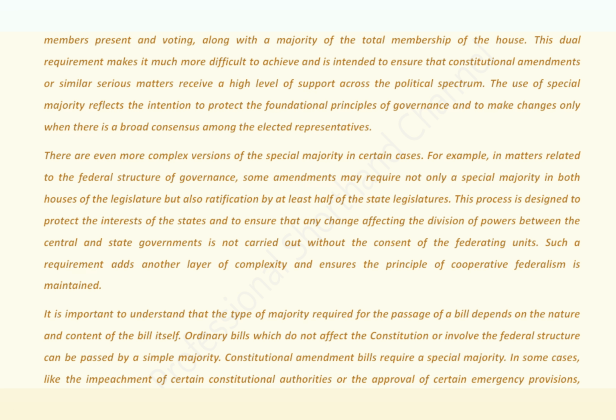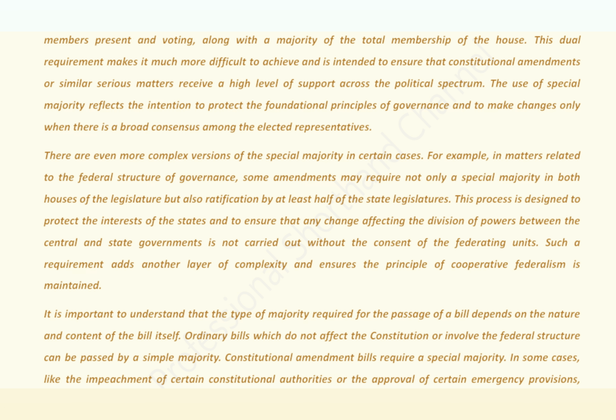There are even more complex versions of the special majority in certain cases. For example, in matters related to the federal structure of governance, some amendments may require not only a special majority in both houses of the legislature but also ratification by at least half of the state legislatures.